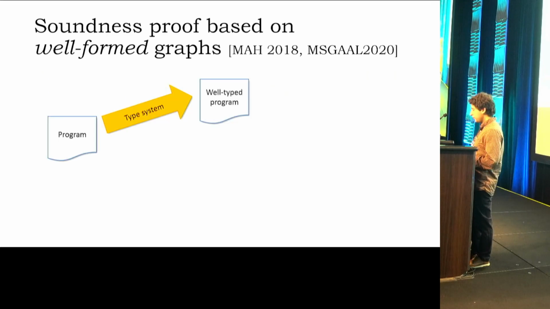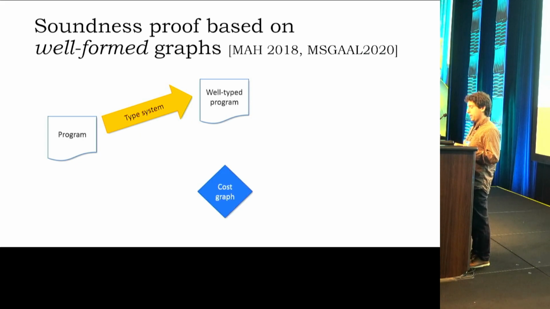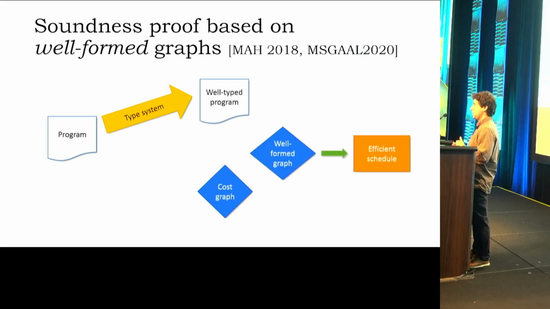So to prove that our system actually prevents priority inversions, we rely on formalization of priority inversions from our prior work, which talks about priority inversions as a property of cost graphs or dependency graphs. And in particular, we have the notion of a well-formed graph, which is one that can be scheduled efficiently using algorithms that just focus on greedily scheduling the highest priority tasks.